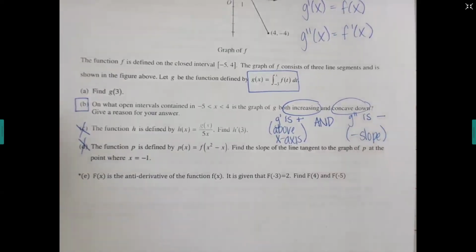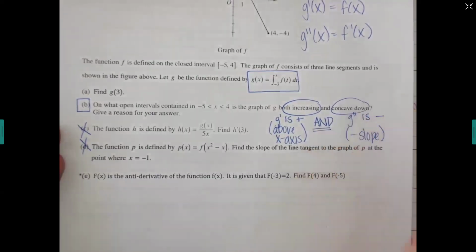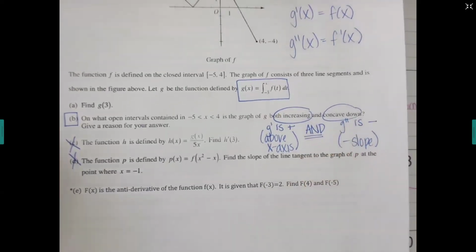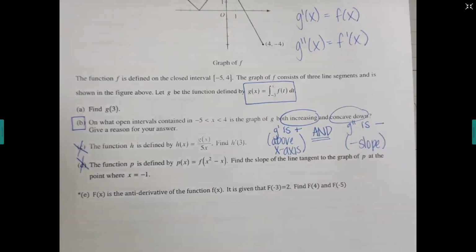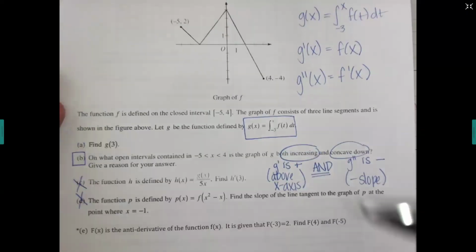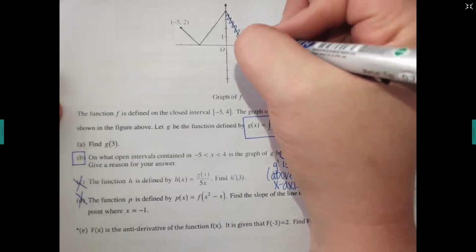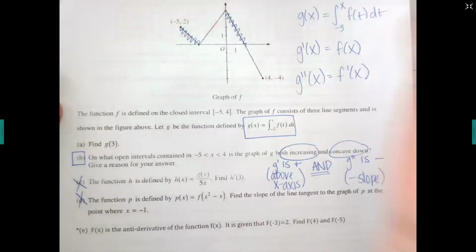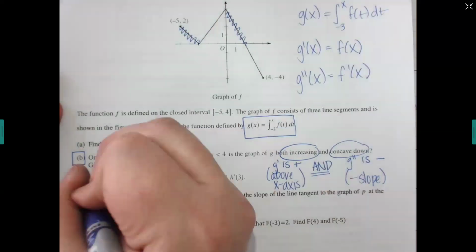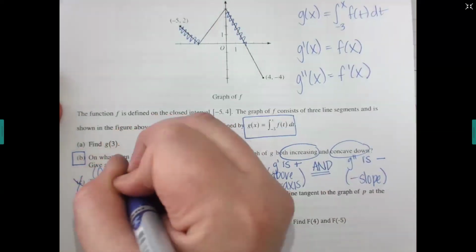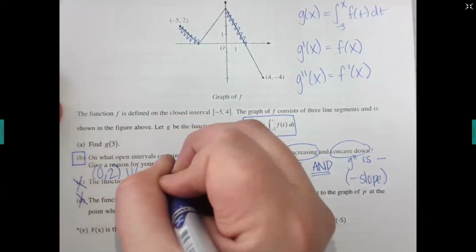So identify there's two parts on your graph where you're above the x-axis and you have a negative slope. So when am I above and I have a negative slope? Okay, 0 to 2 is one of them. And -5 to -3, very good. So it'd be 0 to 2, union, -5 to -3.